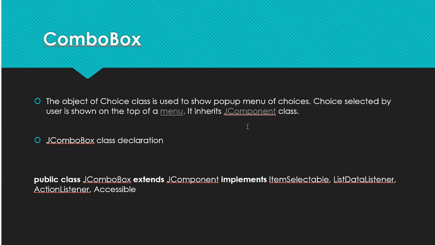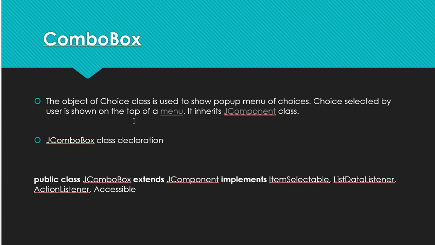JComboBox is used when we want to choose from some items. At that time we can choose from a pop-up menu, and for that we need to use JComboBox. JComboBox is present in the package, and it inherits from the JComponent class.